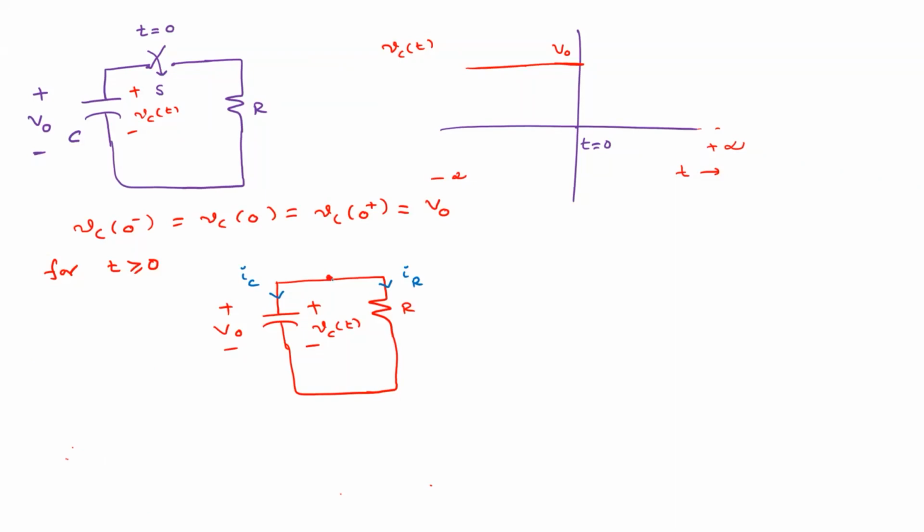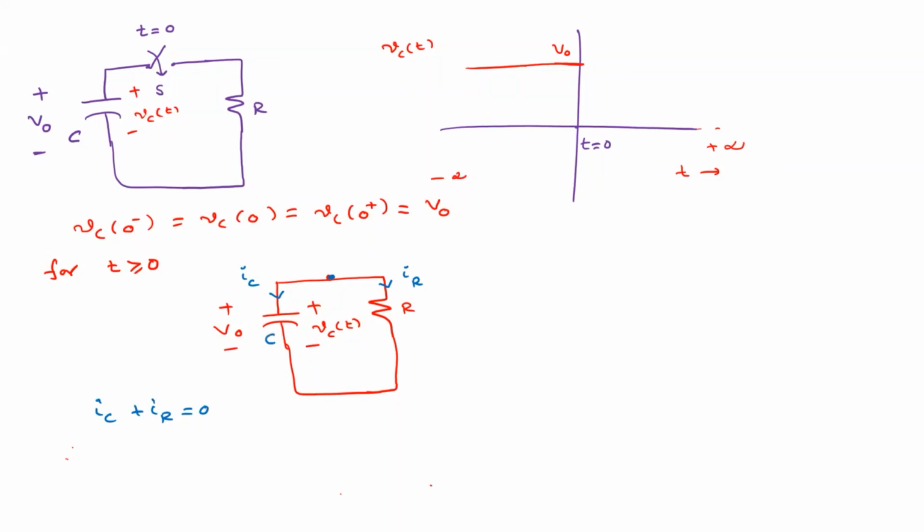If you apply KCL at this point, what do you get? IC plus IR equal to 0, right? Agree? Okay. So what is IC, if you know the voltage across the capacitor C?